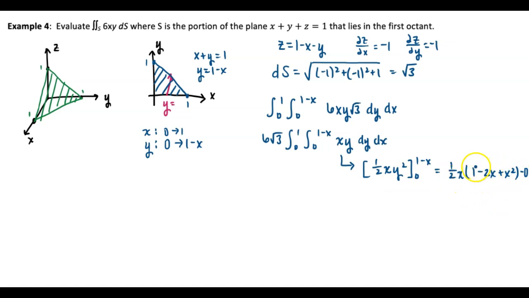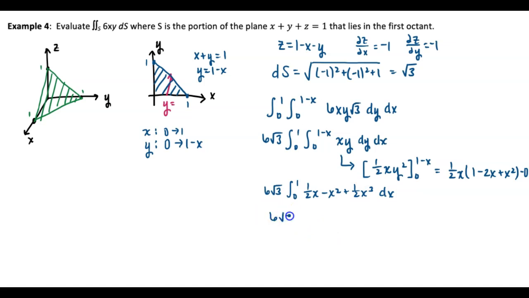And so this will give us the integral from 0 to 1 of 6 root 3 times this integral of 1/2 x minus x squared plus x squared times 1/2 x, so plus 1/2 x cubed dx.